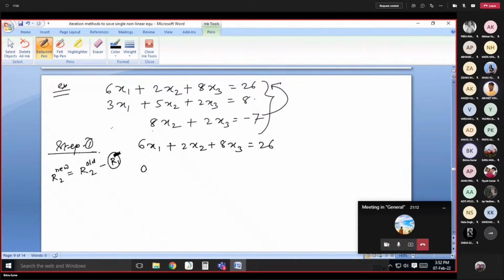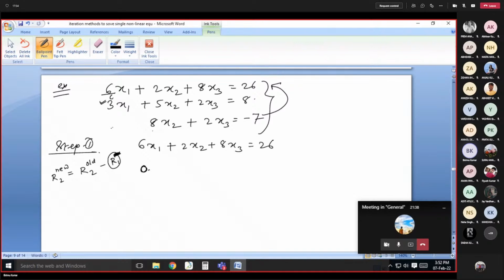Which one have you taken? R2. In this position, I have to make this position 0. That will be the new R2, and that is the old R2. So what will I do? You see this place is 3. First of all, in the algorithm, I told you to make this coefficient 1.